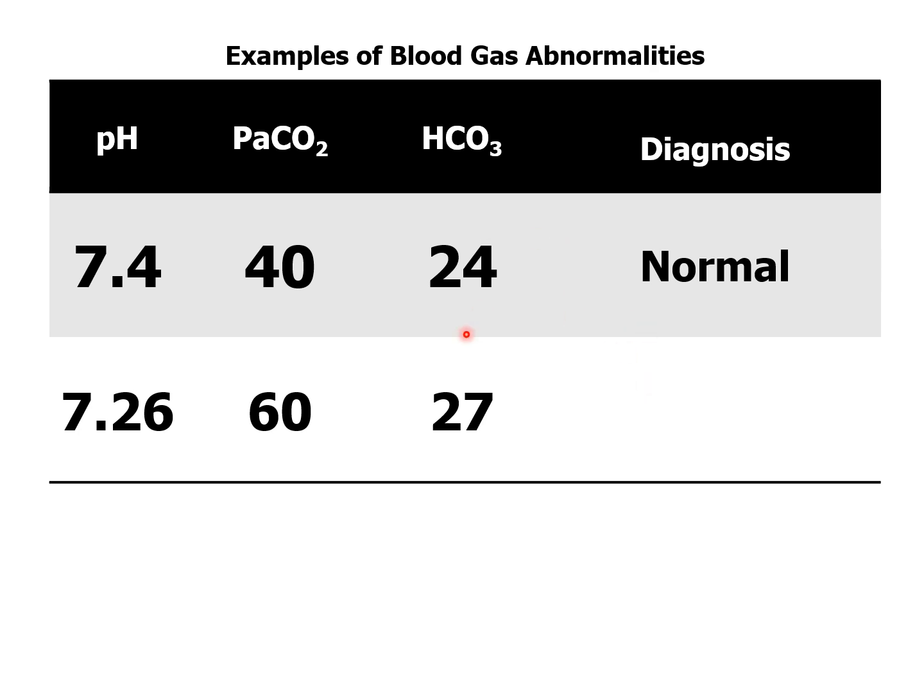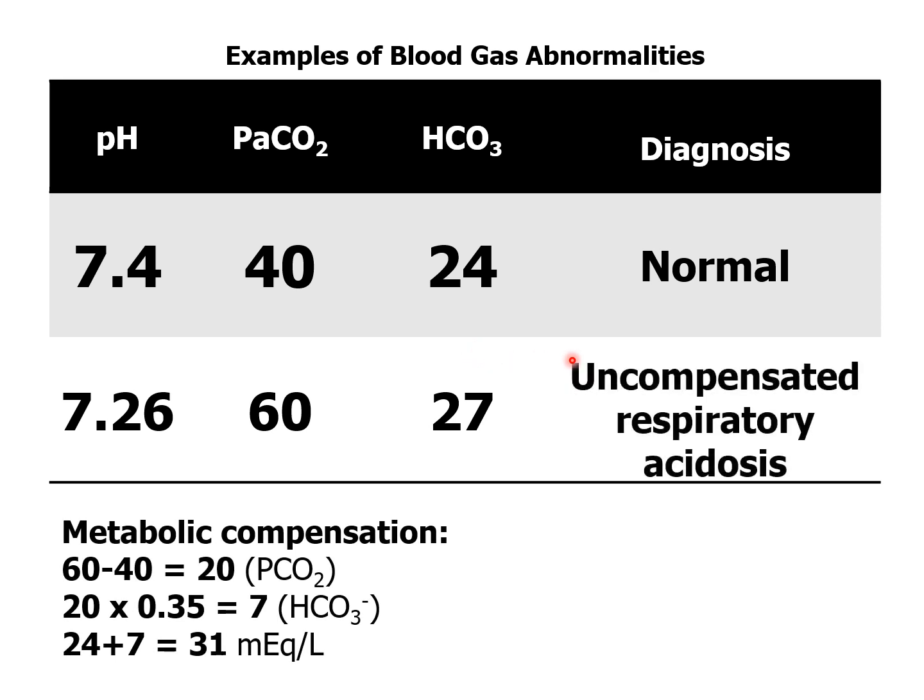So this is an example of an uncompensated respiratory acidosis. Respiratory acidosis because the PaCO2 value is higher than the normal. And this is not metabolic acidosis because the bicarbonate level is higher compared to the normal. So this is an example of respiratory acidosis.